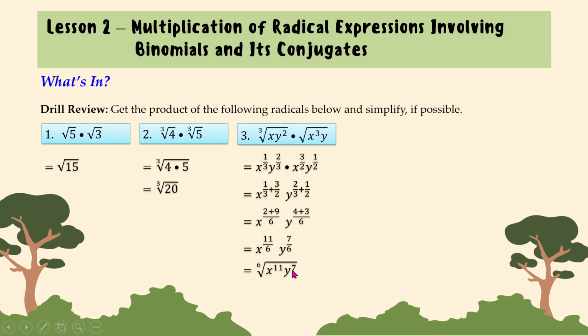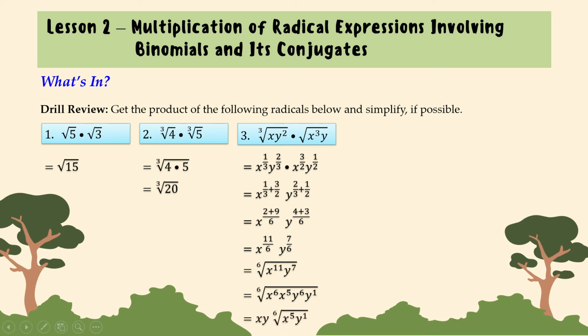Next is to simplify, since this is not yet the final answer. Remember that the exponents of x and y can be divided by the index 6. So we factor x exponent 11 as x exponent 6 times x exponent 5. Okay, 5 plus 6 is 11. While y exponent 7 is factored as y exponent 6 and y exponent 1. Okay, 6 plus 1 is 7.